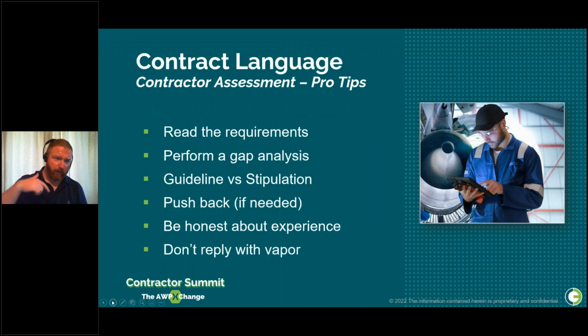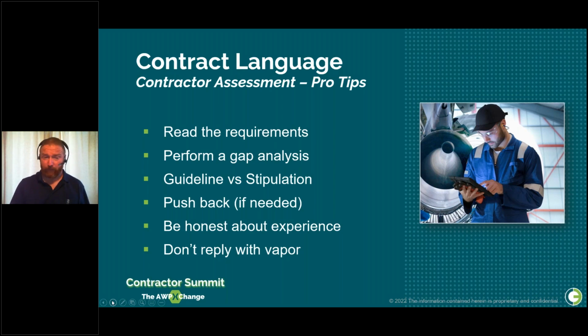So then, from the contractor's perspective, how does the contractor go about assessing what the owner is asking for? Let's assume that the owner has provided you with a bid document that clearly spells out the need for AWP on the project. What do you do? Firstly, and this is hopefully really the obvious one, read it thoroughly, exactly as you would do the rest of the contract. Make sure you understand what the owner is asking for.